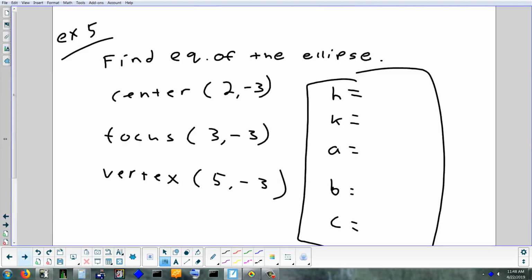All right, so find the equation of this ellipse. Okay, first step, no matter what you have to do, is find all the letters you need. So now you need a, b, and c, just like always, but you also need h and k. Out of the 5 letters, are there any letters that we can figure out pretty easily?